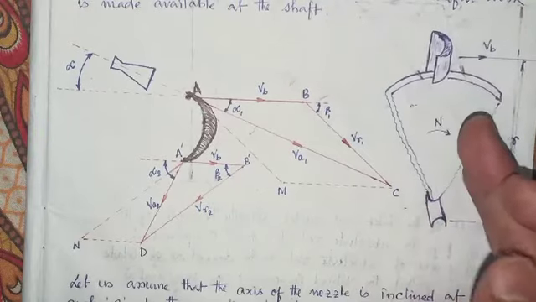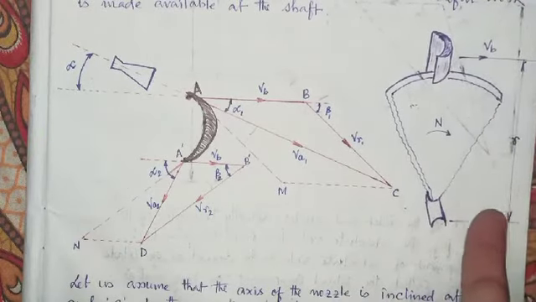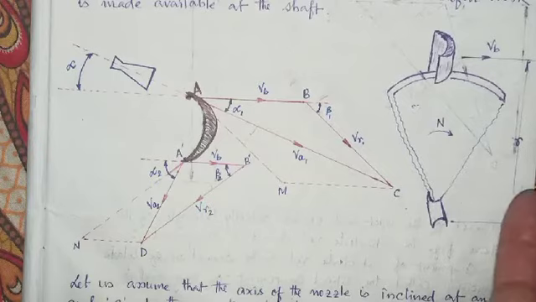Now the blade is also moving with velocity VB, the velocity of the blade.